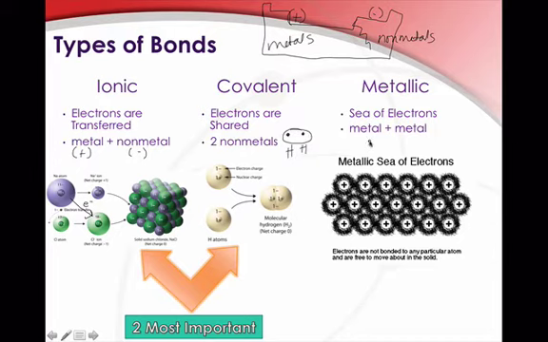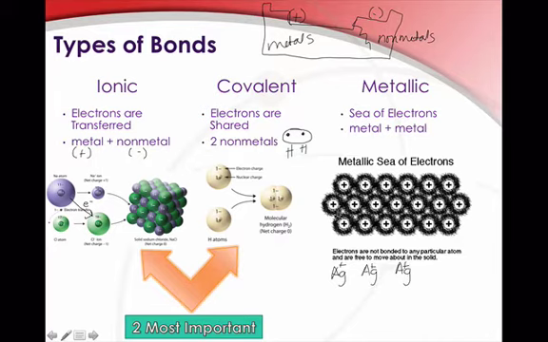And then the third type, which we don't spend a lot of time on, is the metallic bonds. Metallic bonds have what they call a sea of electrons. So you have all these positive nuclei of these metals. Say this is silver. You would have a bunch of the silver nuclei, and we know that the nucleus has a positive charge.